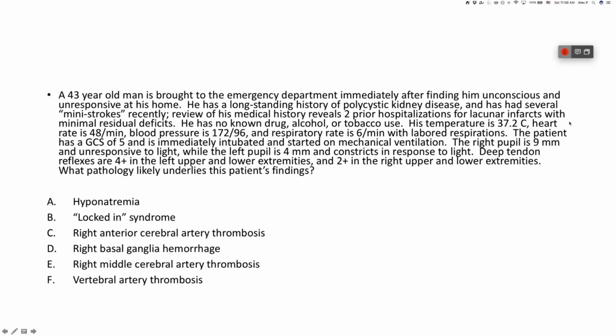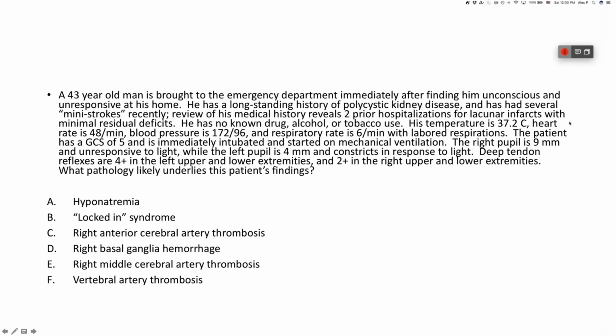So if you put it back to the fact that this guy has polycystic kidney disease, which is a risk factor for uncontrolled hypertension, which then led to multiple infarcts, he ended up having a lot of bleeding, and that bleeding caused brain damage, swelling and edema, which then compressed cranial nerve 3, and maybe the MCA or the ACA were compressed or ruptured in that region.